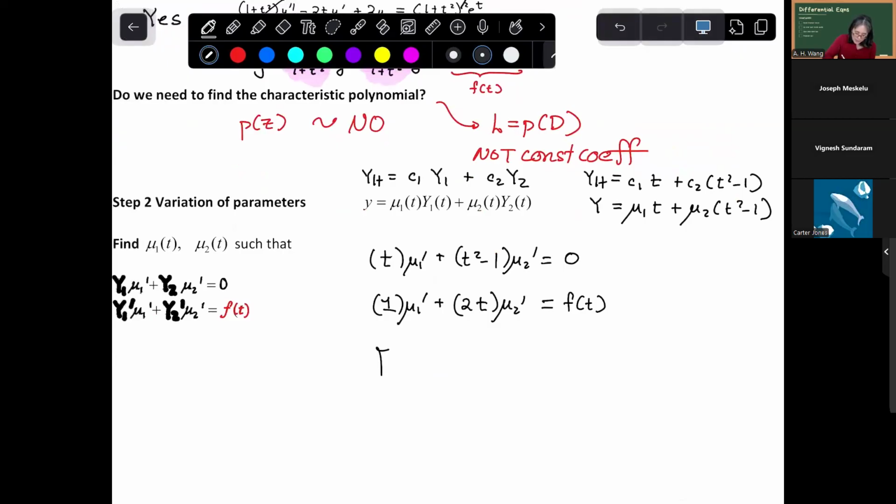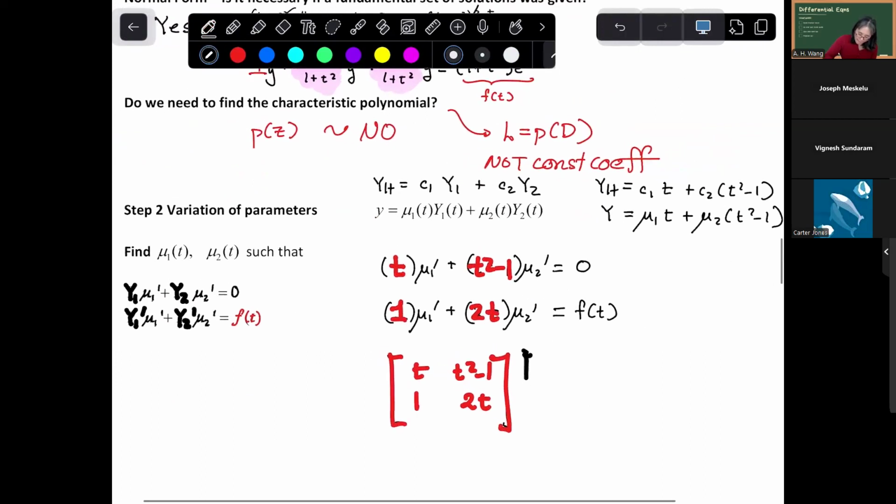Remember, you have this: t squared minus 1, this is the 1, this is the 2t. You take the derivative of the guy above. Do you see how your coefficients are not nice round whole numbers anymore? This is mu1 prime, mu2 prime, and this is 0.